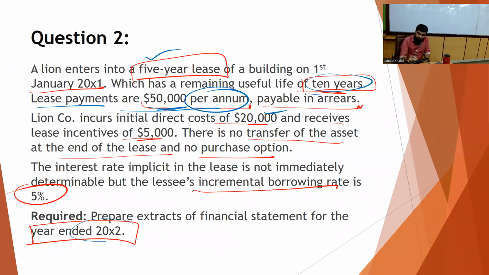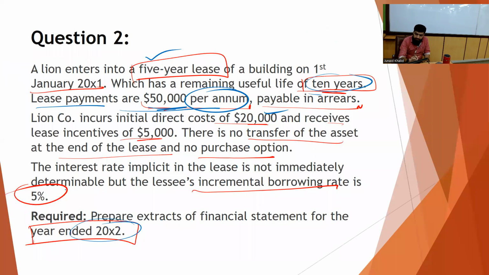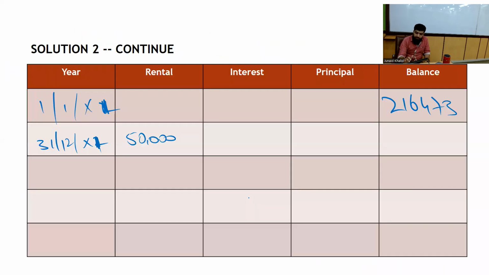The requirement is for 20x2, but we need to follow the steps; we cannot directly move to 20x2. On 31st December 20x1, we paid a rental of $50,000.